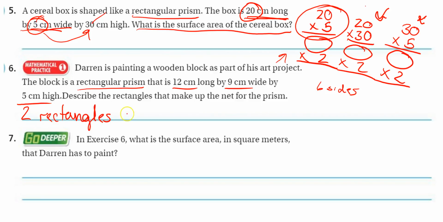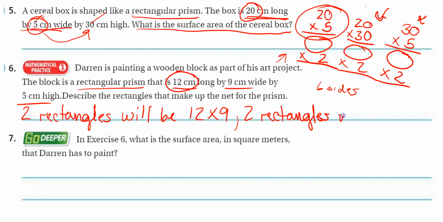2 of them, though, will be 12 by 9. So I have to do the 12 times the 9. Let's label it: 2 rectangles will be 12 by the other number, 5.